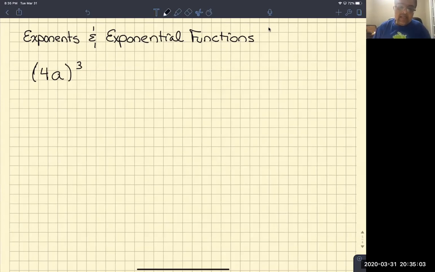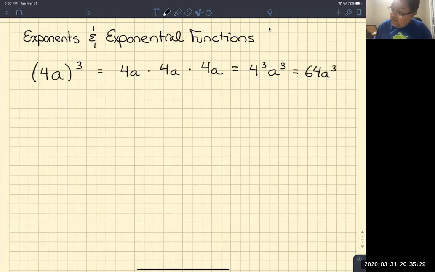So in this case, since there's parentheses involved, the base is 4a, okay? So this is 4a times 4a times 4a, which means if you do the math, you get 4 cubed a cubed, or another way of saying this is 64a cubed.